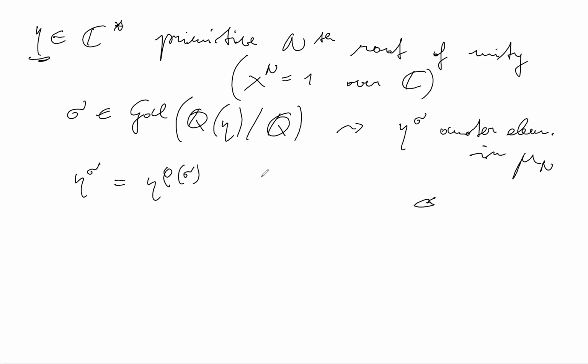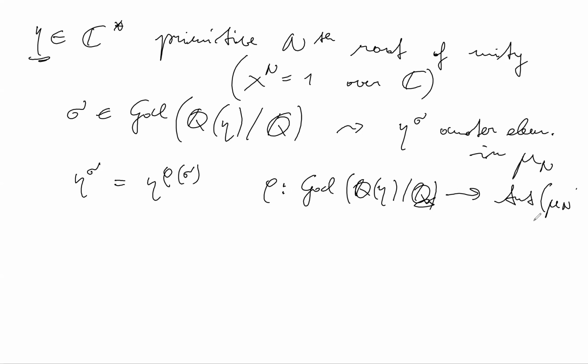And this now gives me a Galois action of the Galois group of this extension over Q on the automorphism group of mu_n.